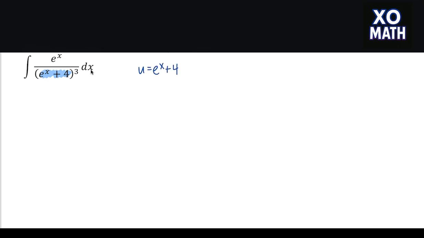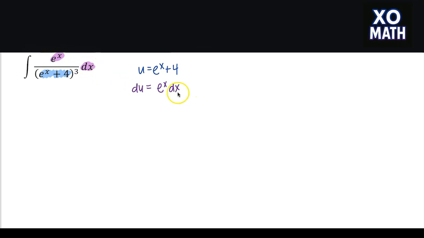And now the derivative, du, is e to the x dx. And so notice that I exactly have e to the x dx left over. So that's really how we know that we have chosen a good u, is that the derivative, or at least a multiple of the derivative, is multiplied in the rest of the problem.